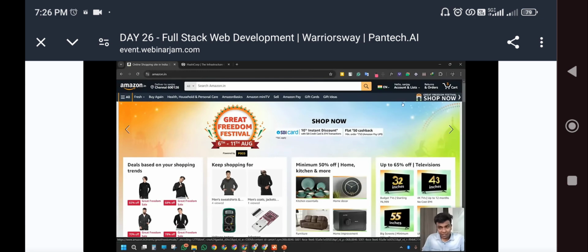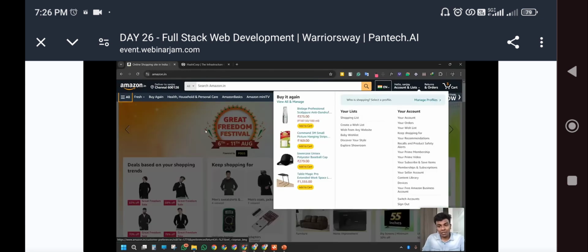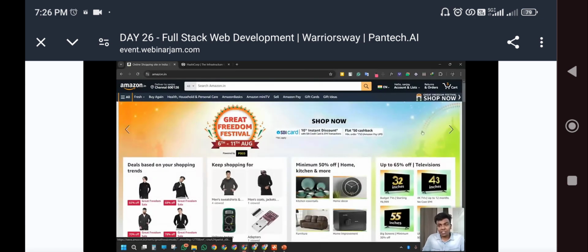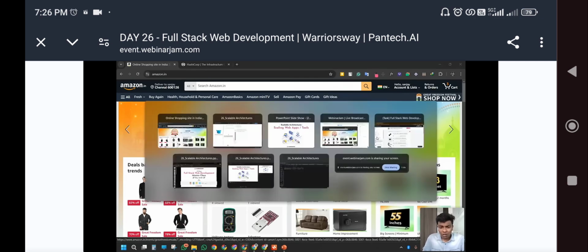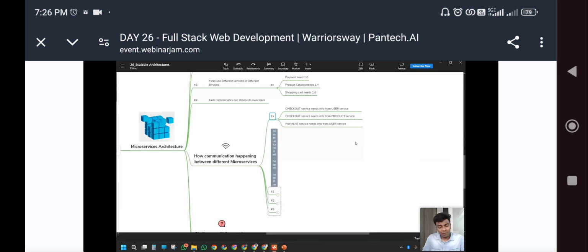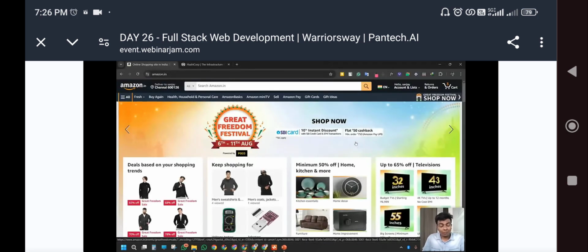In this application, it has add to cart, account list, language, returns and orders, shopping cart, payments, and product catalog. So likewise, it is going to have a lot of components and microservices. Whenever you're talking about communication, even though everything is built individually using a microservices architecture, definitely one wants to communicate with another, right?